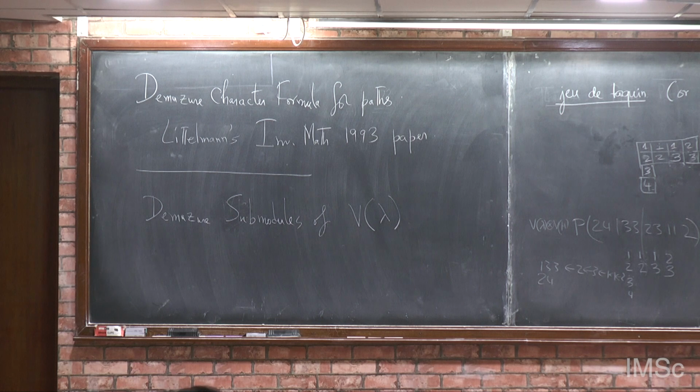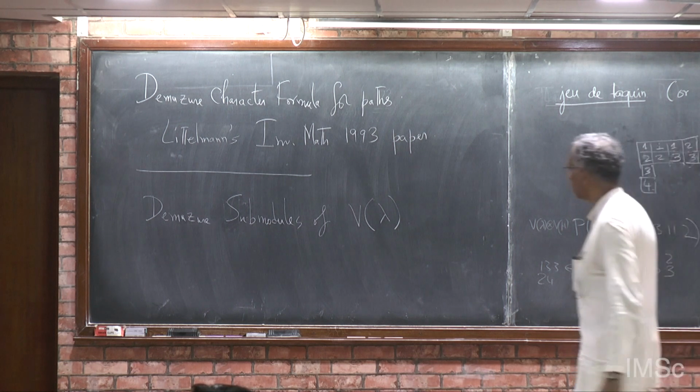More precisely, if you want, W mod W lambda, the stabilizer of lambda, or rather, they are indexed by the Weyl conjugates of lambda. There are as many Demazure submodules as there are Weyl conjugates of lambda. To each Weyl conjugate you can associate a Weyl group element, unique if lambda is regular, maybe not unique if lambda is not regular, but we will not worry about that.